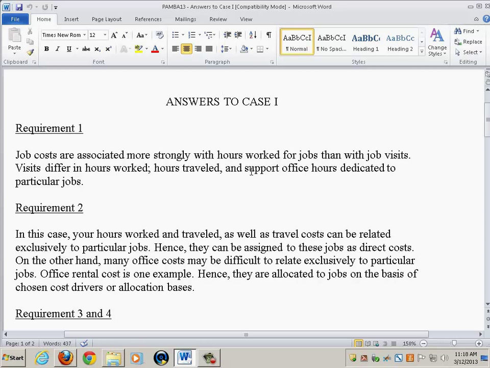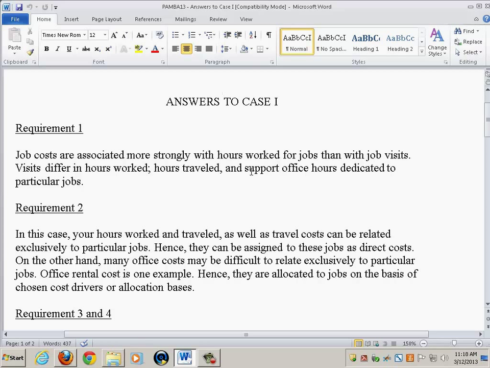You cannot exclusively identify dollars of rent with a particular job. You rent the office to support all jobs, right? You don't rent one office to do only work for A1 and one office to do only work for B1.